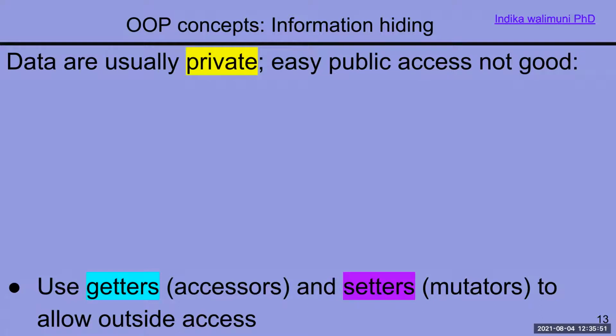To provide that, we write a separate set of functions. We call them getters, to access the data; another name is accessors. Setters set a new value to those variables, and the other name is mutators, because they change the value. They allow mutation, to allow access from outside.